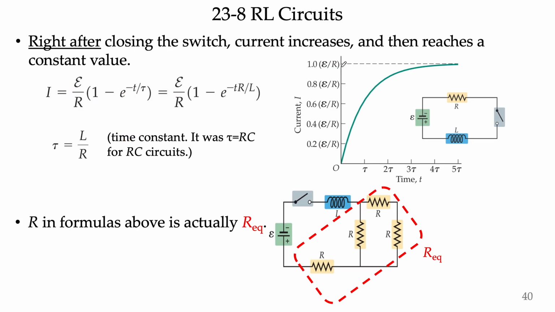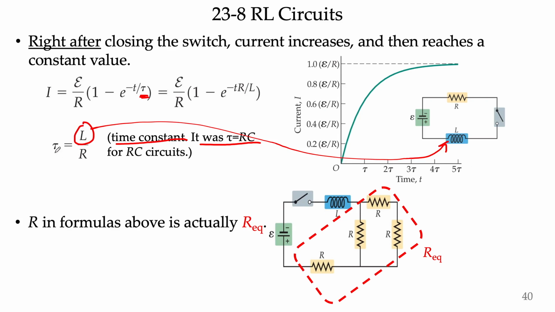Now you may wonder, what is this tau here, this Greek letter tau? Well, again, if you remember from the capacitors, it is the time constant. For the capacitor, it was R times C. C is the capacitance in RC circuits, but here we have inductors, not capacitors, so it's going to be L divided by R, and L is the inductance of this inductor.